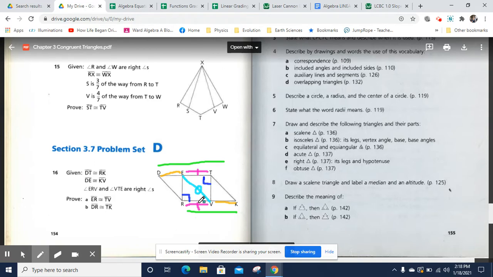So I can use hypotenuse leg as a theorem. Hypotenuse leg will get me to ERV and VTE as triangles that are congruent. Now, once I have that, I can prove that ER is congruent to VT by CPCTC. So let's say this is congruent to this because these two triangles are congruent by CPCTC.